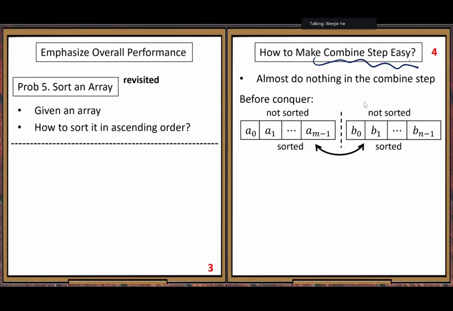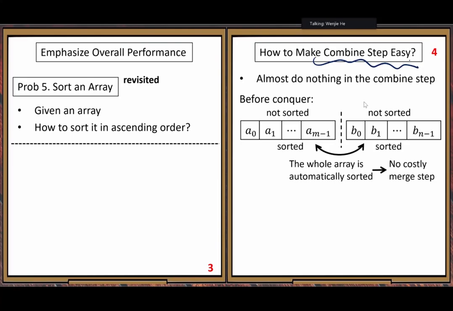For that situation, how can that happen? The whole array is automatically sorted when we just do the concatenation. How can that happen?